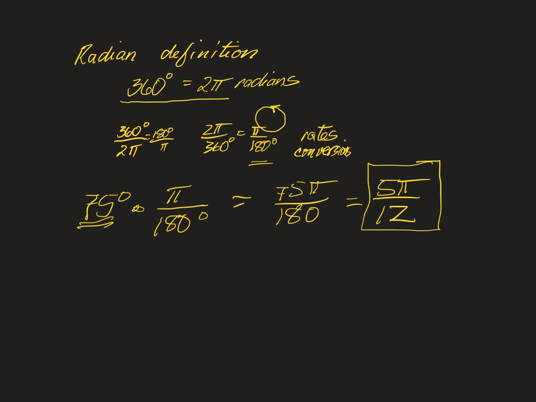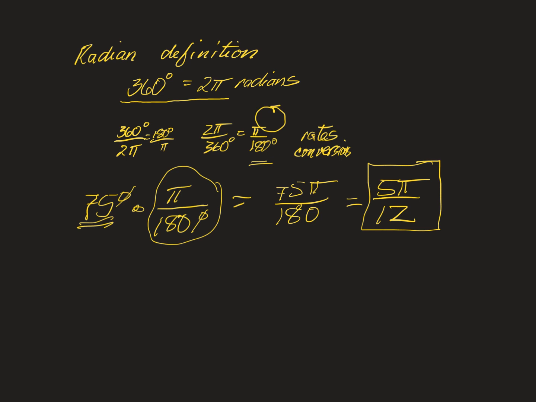Okay? And that's how you do that conversion. Whenever you have degrees, you always multiply by pi over 180 because the degrees is in the denominator and those will cancel. And so you're just left with radians. All right?